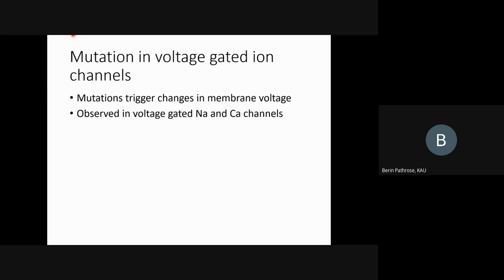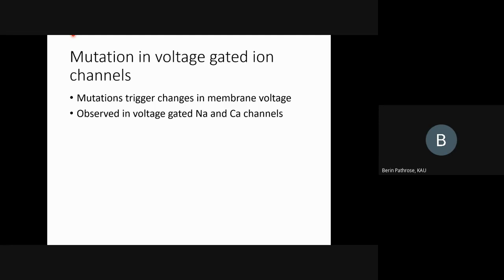So first we have seen decreased penetration through the nerve sheath. Next we have seen mutation in ligand gated ion channels. Now we will see mutations in voltage gated ion channels. In voltage gated ion channels also we have membrane proteins which permit the movement of ions across the membrane.